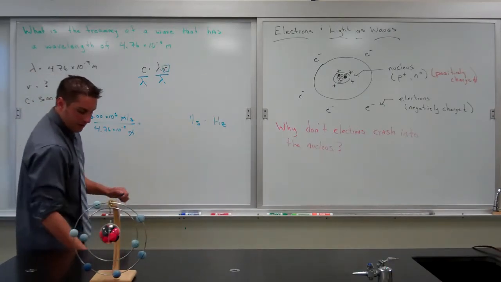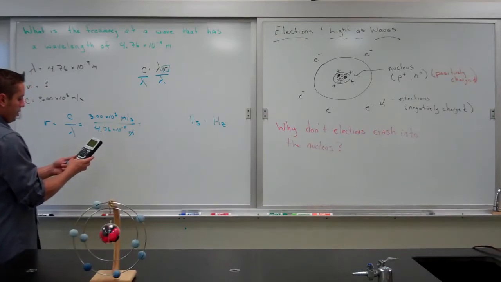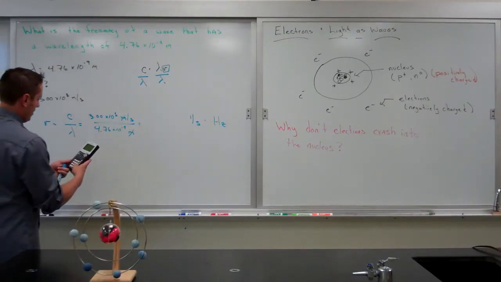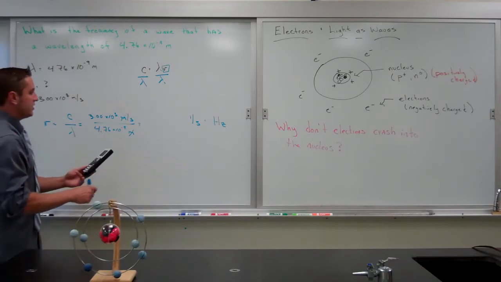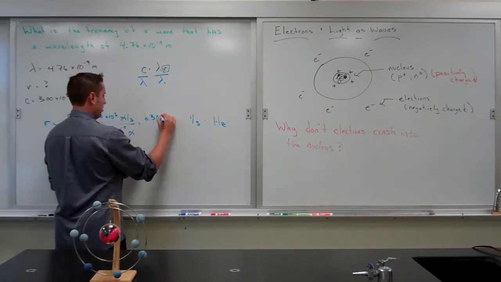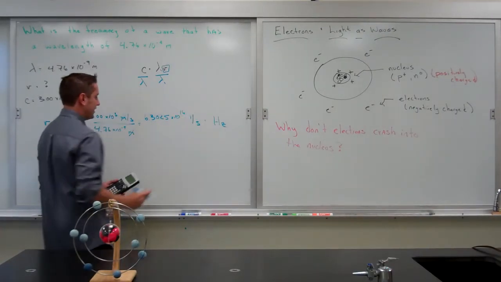Now it's just a matter of doing the math. So you get your calculator out. 3.00 second E8 divided by 4.76 second E negative 9. My calculator says 6.3025 times 10 to the 16th.